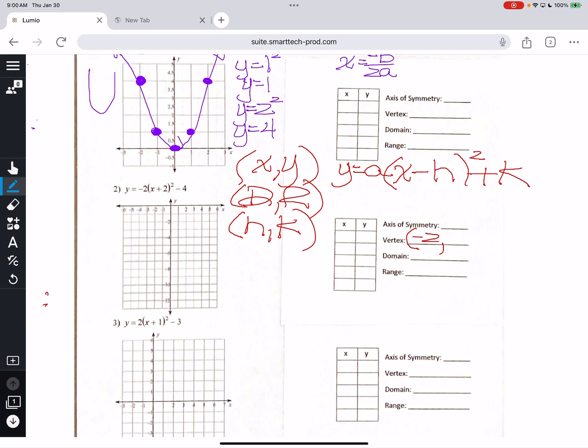So -4. So how do you do that? We go back to it has to be in vertex form. It's +2. That's your opposite H. So what is opposite of +2? -2. There's your X value, -2. And then it's -4. That is your K, which is your Y.